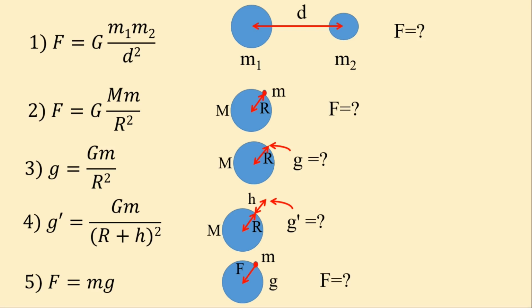These are the equations which we frequently use to solve different numerical problems related to the chapter force, especially to calculate gravitation, gravity, acceleration due to gravity and weight of the body. Okay, this much for today.